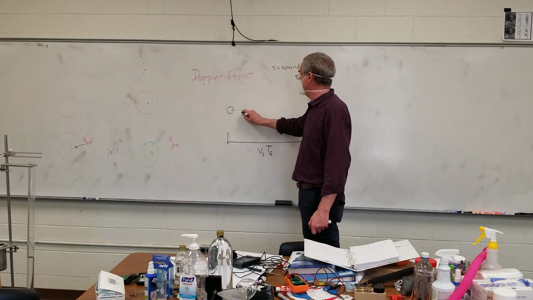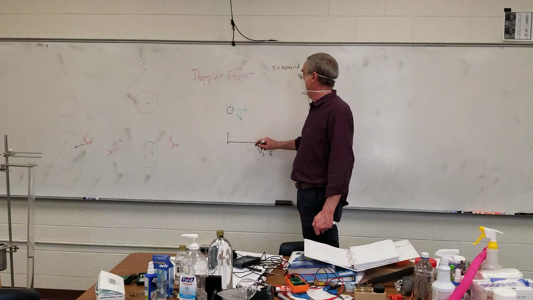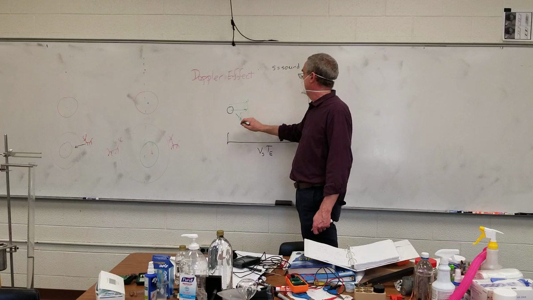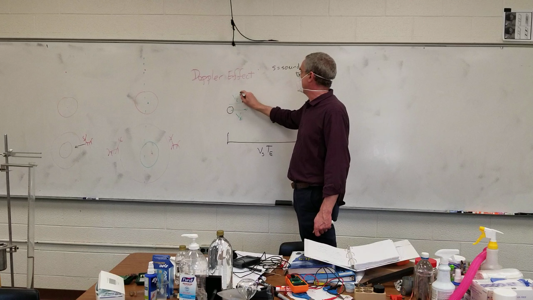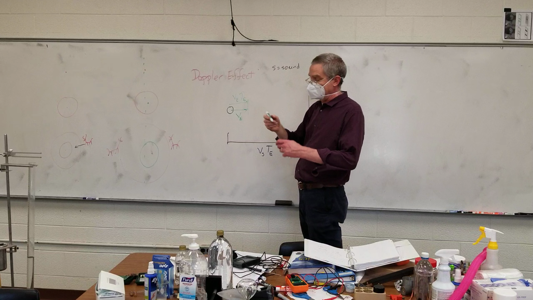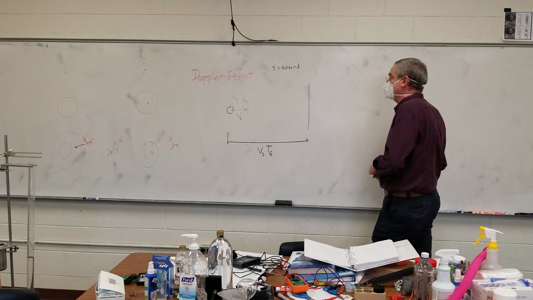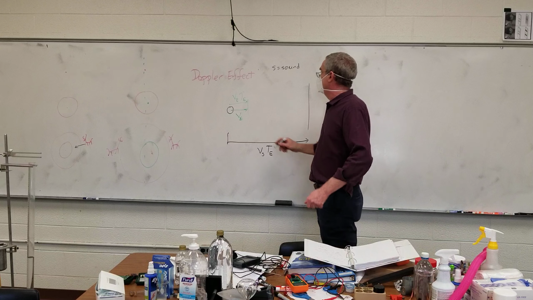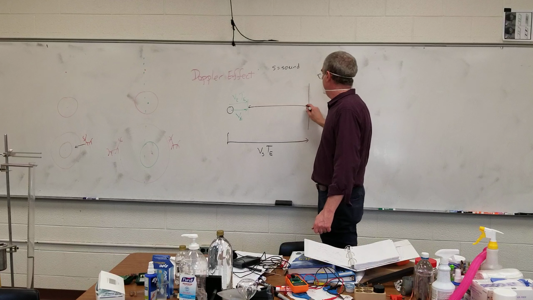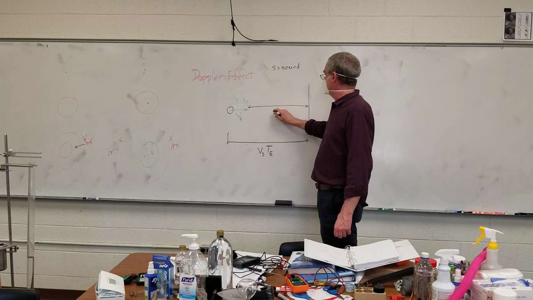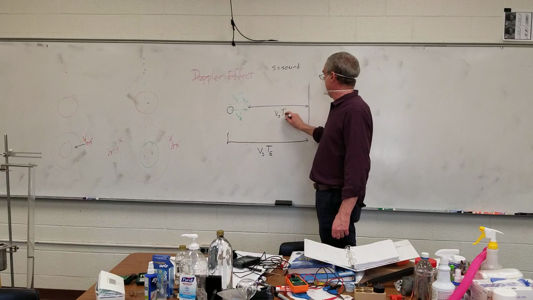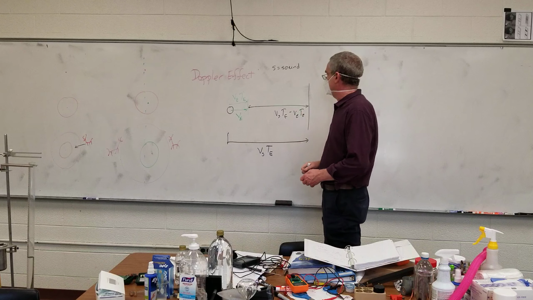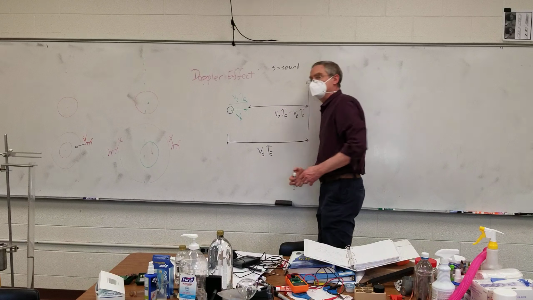This guy is moving at some speed, v sub e, so it's going to travel v sub e times t sub e, basically speed times time. That's how far he will travel by the time he gives off the second wave. So this distance right here is v_s t_e minus v_e t_e, just that distance minus that distance.